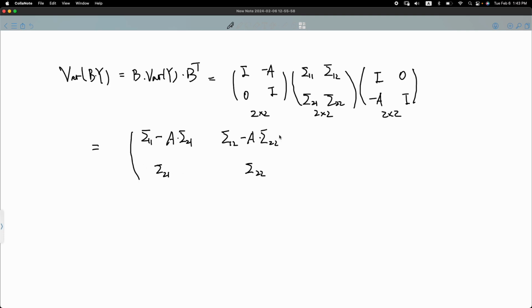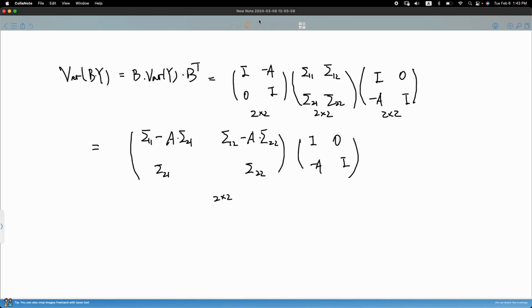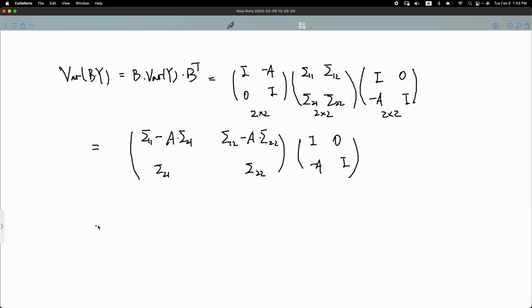So this should also be a 2 by 2 block matrix multiplied by the remaining B transpose here. In the end you should also have a 2 by 2 block matrix.